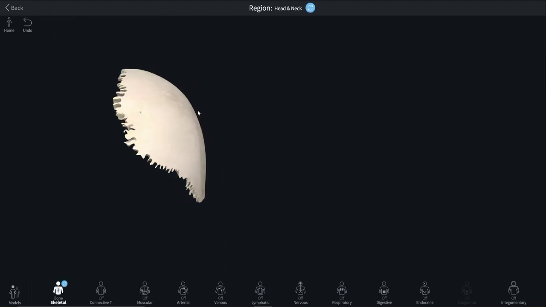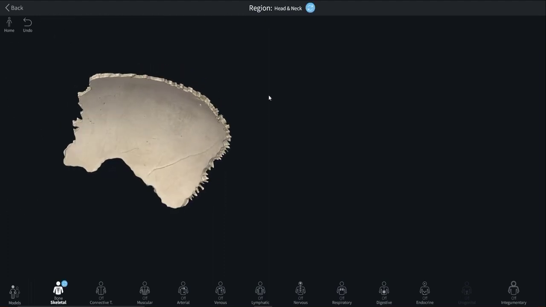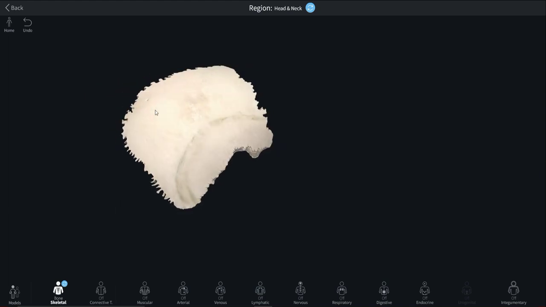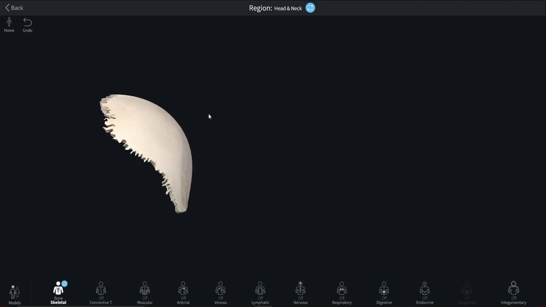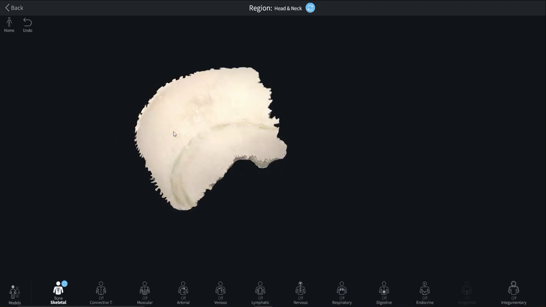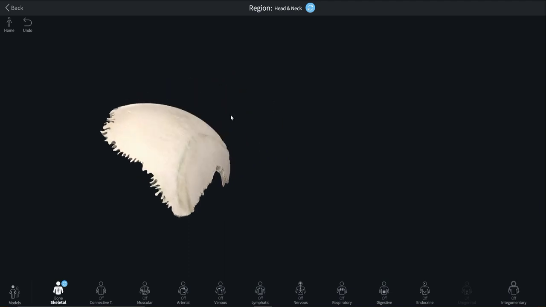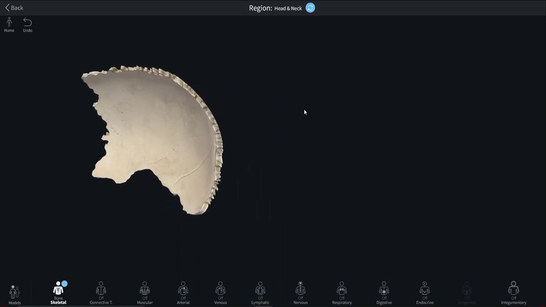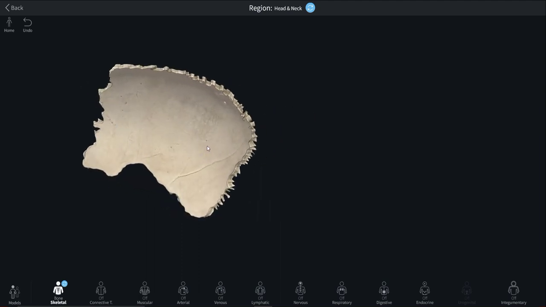This is the parietal bone. This right here is the convex outer part of the parietal bone, quite self-explanatory, whereas this is the inner concave side of the parietal bone.